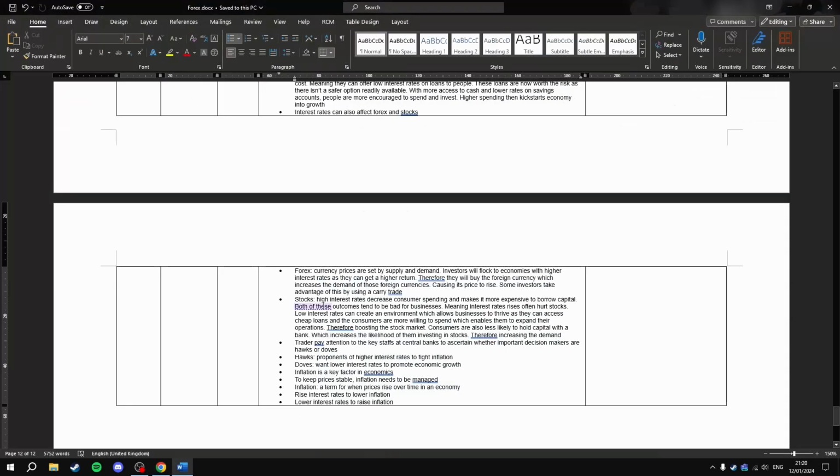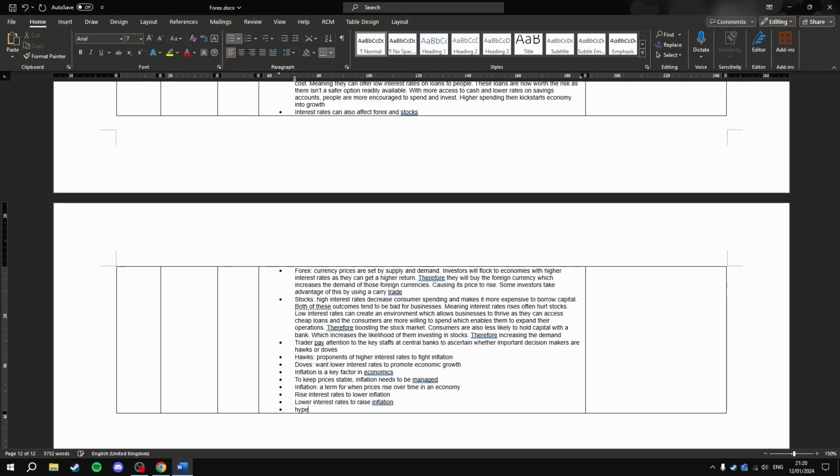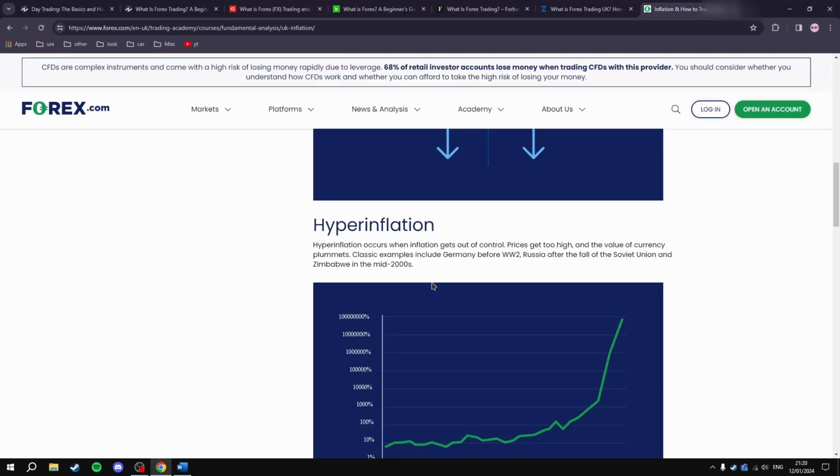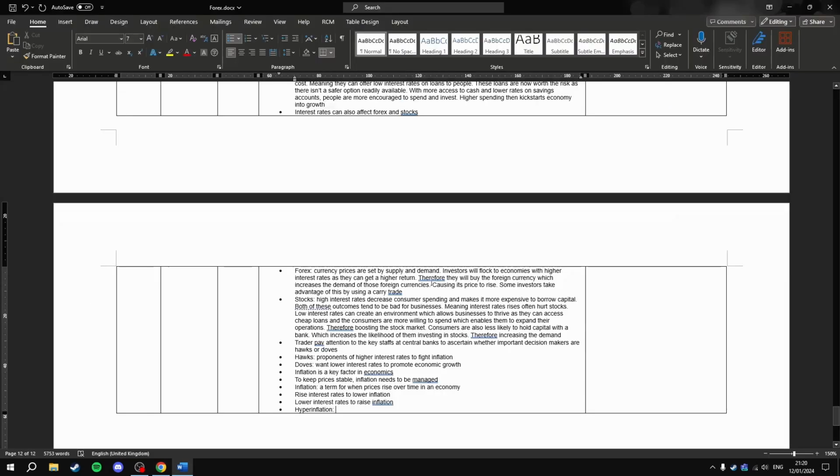Hyperinflation. Hyperinflation occurs when inflation gets out of control.